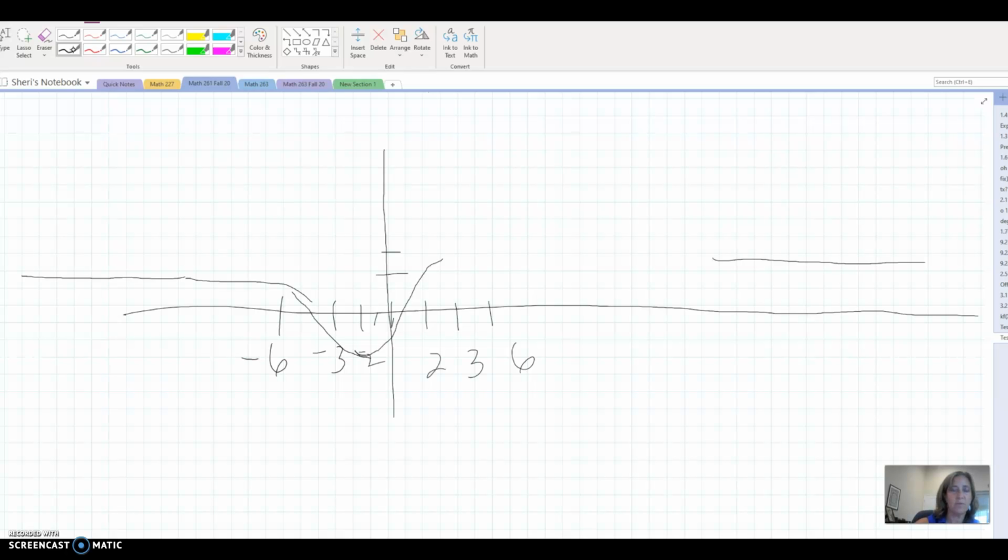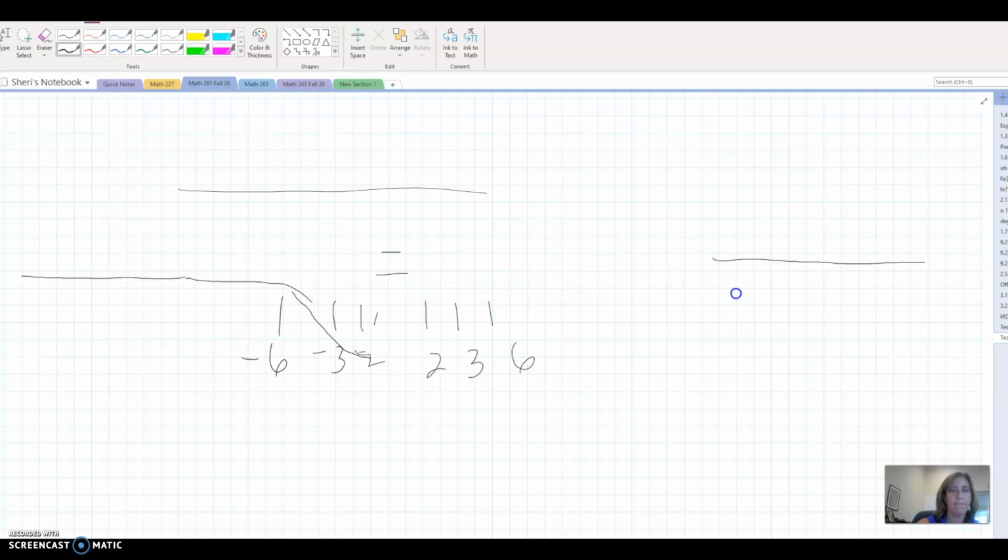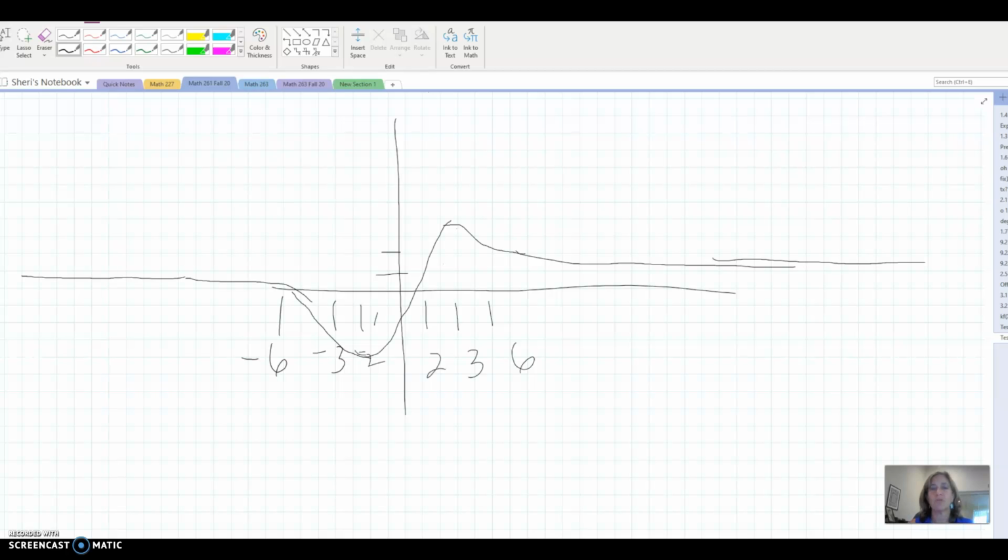Let me make this increase a little bit higher. So it's going to keep going up, up, up, and then it's going to start turning around at 2. From 2 to 6, it's going to decrease, and at 3, it's going to start to be concave up. And then it's just going to approach 3. So that is how you would do it.